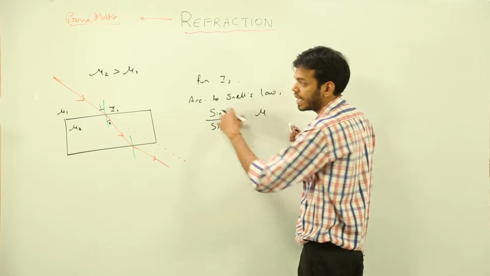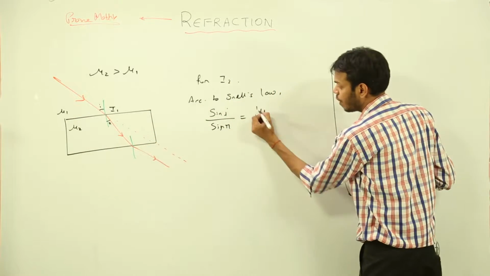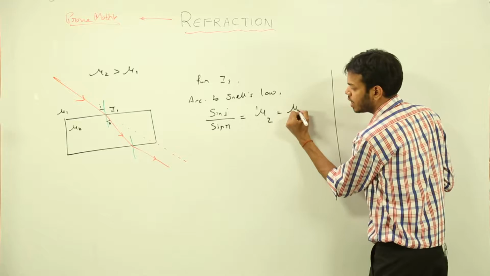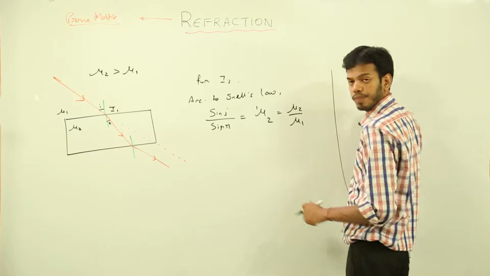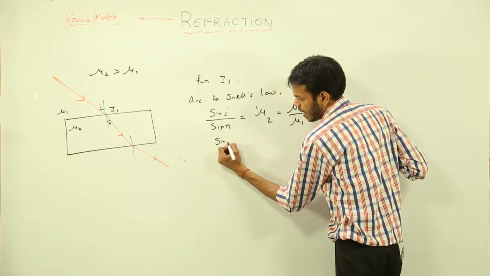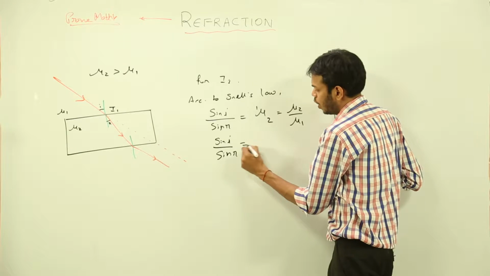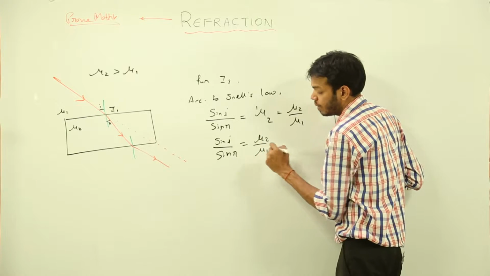What would be in this case, interface 1? The light is traveling from 1 to 2, that means it would be 1mu2, which is further written as mu2 over mu1, right? This means sine I upon sine R is equal to mu2 over mu1.